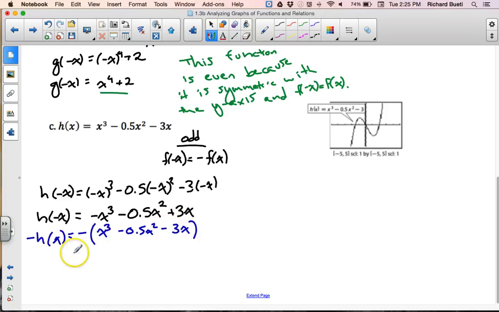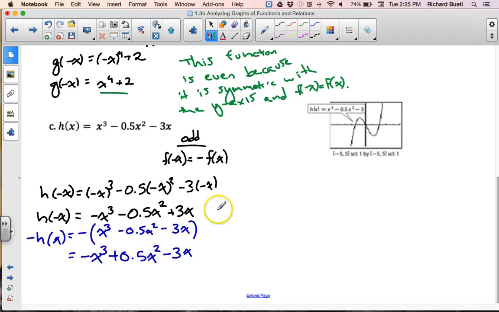And when I distribute out my negative, I get negative x cubed plus 0.5x squared minus 3x. Now this does look very close, but it's not, because if you notice, for h of negative x I have minus 0.5x squared, and in negative h of x I have positive 0.5x squared.